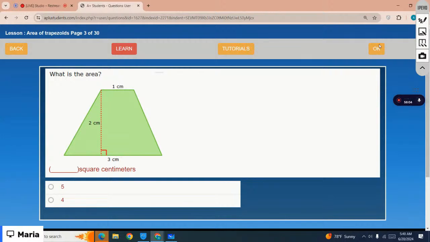Which is the correct option? The correct option is 4 square centimeters. Option number 2 is the correct option.